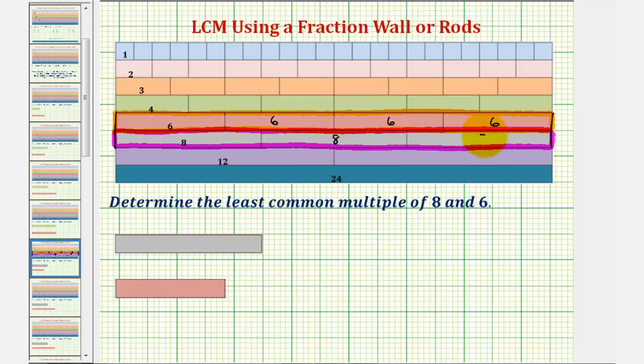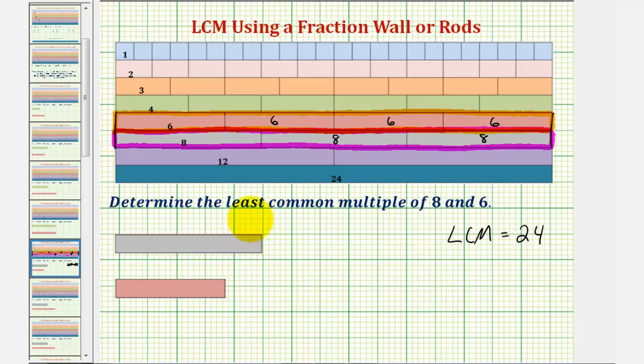Because we have 3 copies of 8, the length here is 3 times 8, of course the same length of 24, which means the least common multiple of 8 and 6 is 24. 24 is the smallest multiple of both 8 and 6, and it's also the smallest number that is divisible by both 8 and 6.